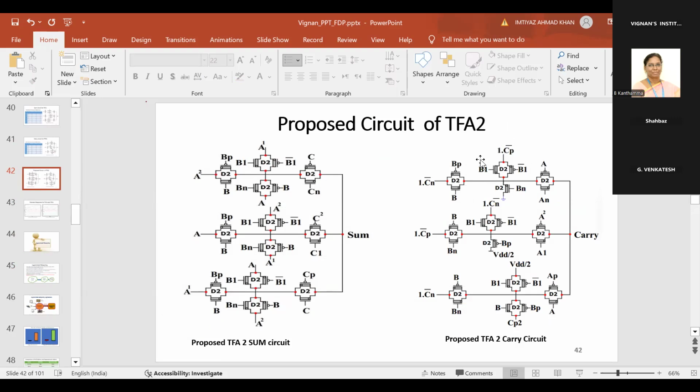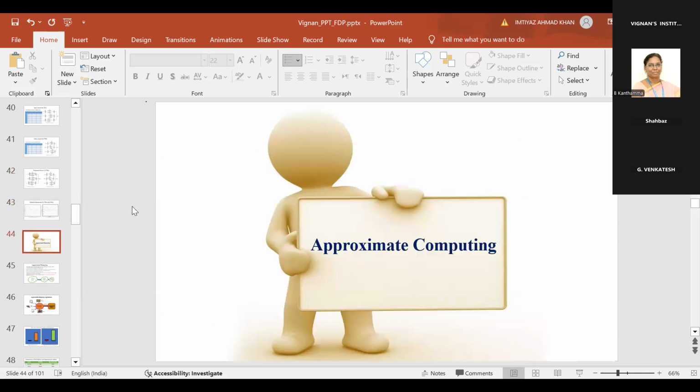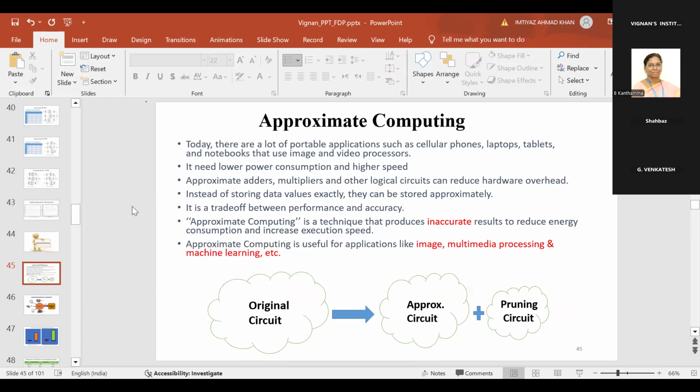Then this whole circuit will be called an approximate circuit. It depends on which path will be the critical path, which path will be slow. After cutting this path, the output will be low.